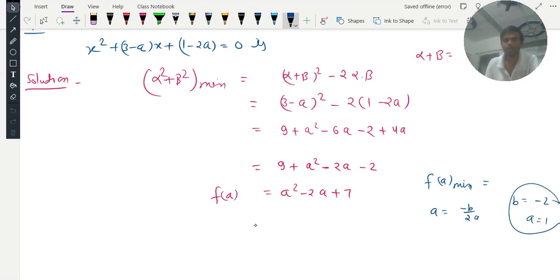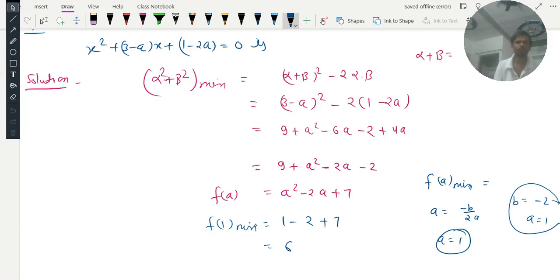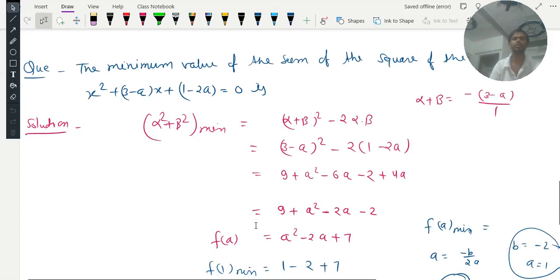When we put the value of a as 1, f of 1 will be the minimum value. So f of 1 minimum is equal to 1 minus 2 plus 7, which is equal to 6. The minimum value of this alpha square plus beta square will be equal to 6.